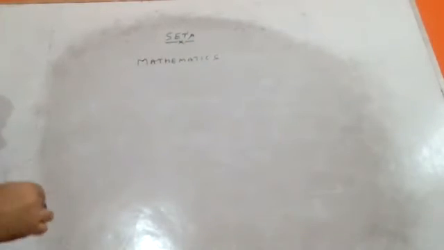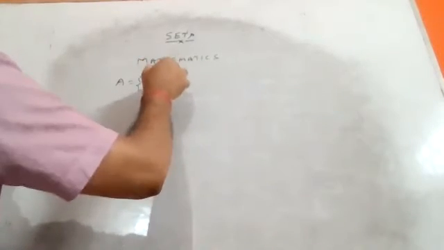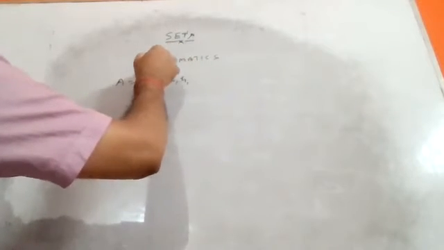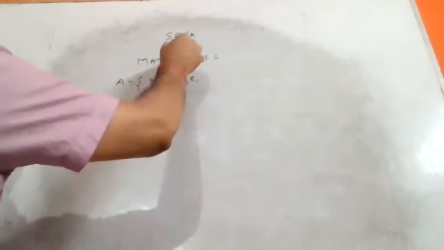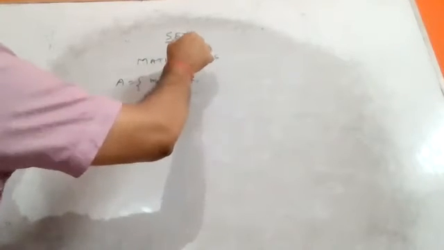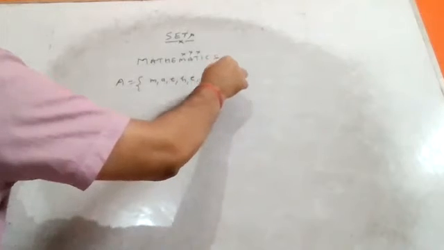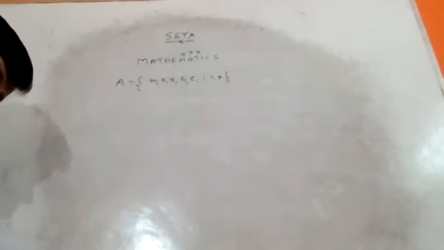If you are told to find the set of this word, we can write first M, second is A, third is T, next one is H, M-A-T-H, then E. M is already written, not to write, A is written, not to write, T is written, not to write, I, C, S. This is the set representation of the word mathematics. One important thing is that repetition of any data or any element is not required.